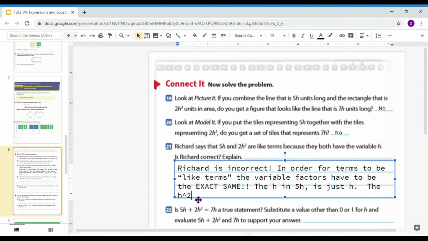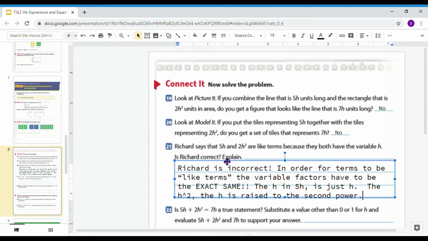That right there shows you h squared. The h is raised to the second power. If it doesn't have a number, that means it's basically being raised to the power of 1. And if you have multiple terms that are just h's, then you can combine them.